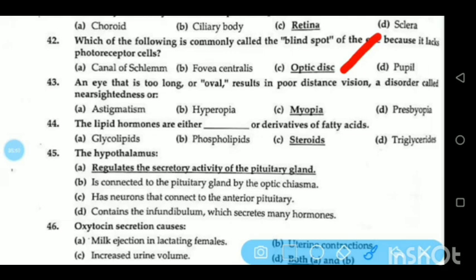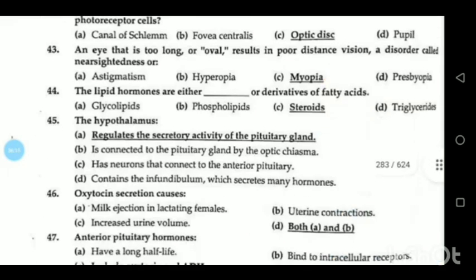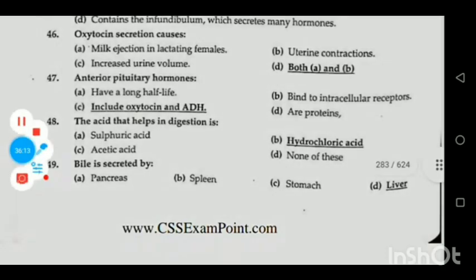An eye that is too long or oval results in poor distance vision, a disorder called nearsightedness or myopia. The lipid hormones are either steroids or derivatives of fatty acids. The hypothalamus regulates the secretory activity of the pituitary gland.